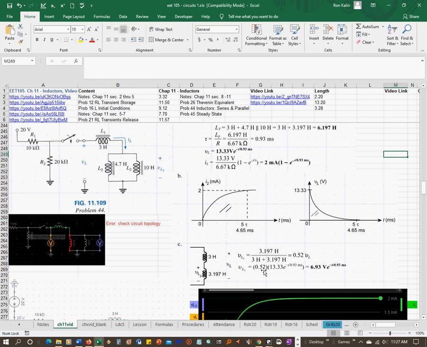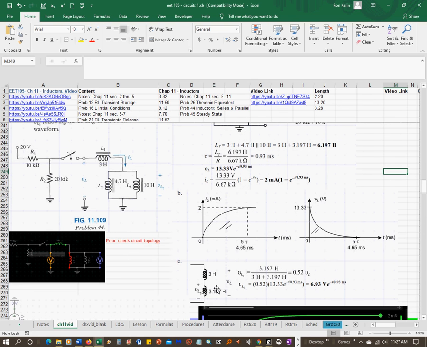So V sub L3, this is just a ratio. It's kind of like a voltage divider situation. So this is the equivalent inductance of these two in parallel at 3.197, which is what we calculated up here, and then this is the 3 henry, which is L1.